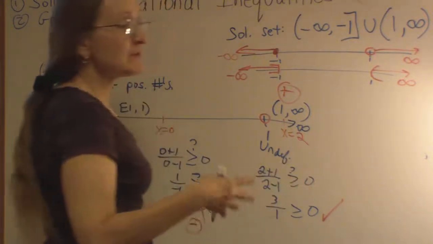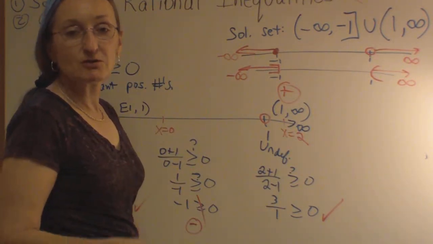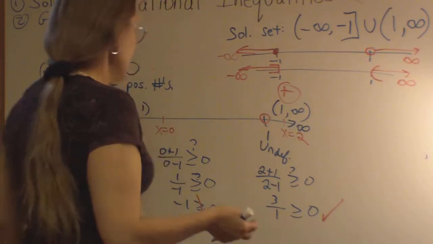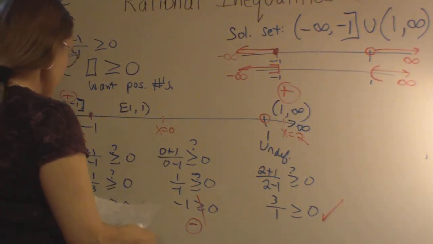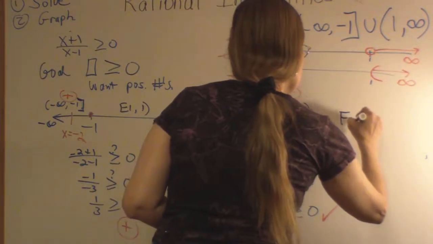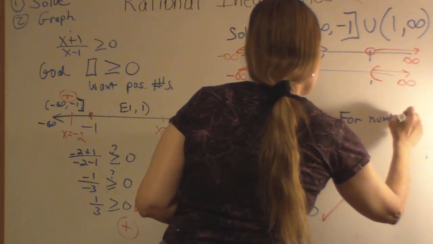So basically, what's the end result here? How can we interpret this in plain English? I'll just write this down.